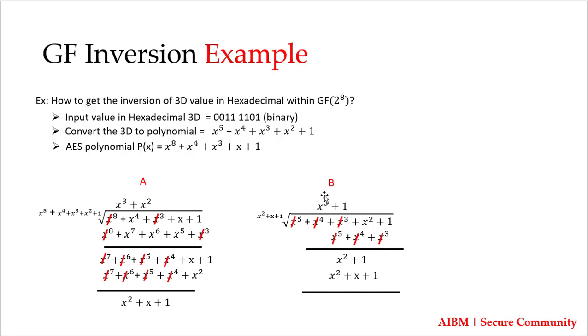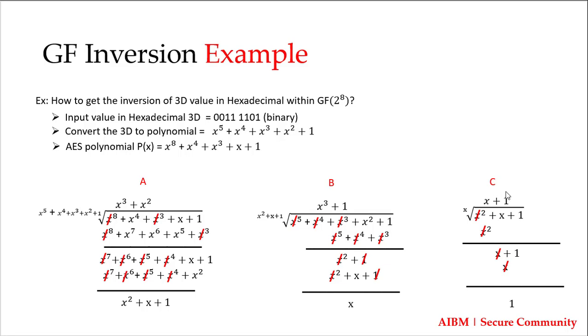Then we will multiply by 1, and the result will be x^2 + x + 1. Then we will delete the x^2 with x^2, x with x and 1 with 1, and the final result will be x.